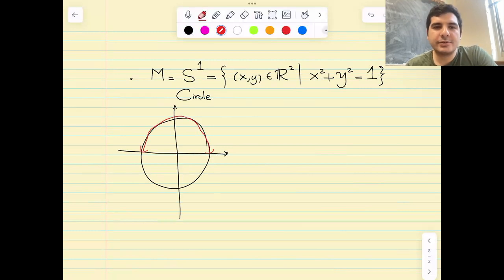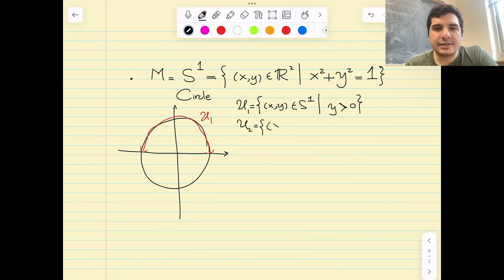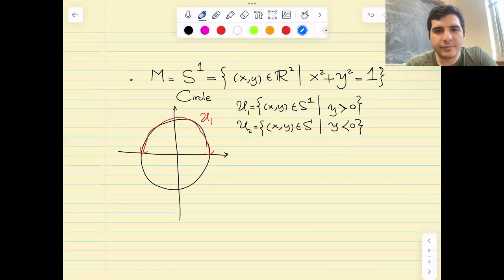I would do this using 4 open subsets. U1, the red piece, is the set of points in the circle, which we denote by S1, where y is positive. I define U2 to be the set of points in the circle where y is negative, the blue subset.